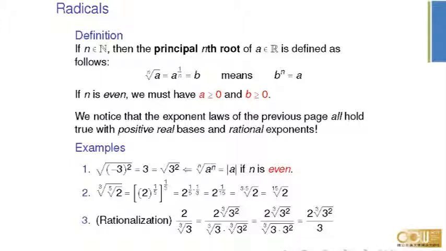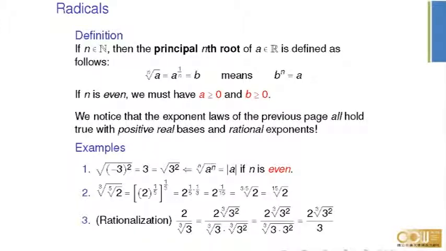The second example is the cube root of the fifth root of 2. Before we do that, we change it to the rational exponent form, which is 2 to the power of 1/5, all to the power of 1/3.